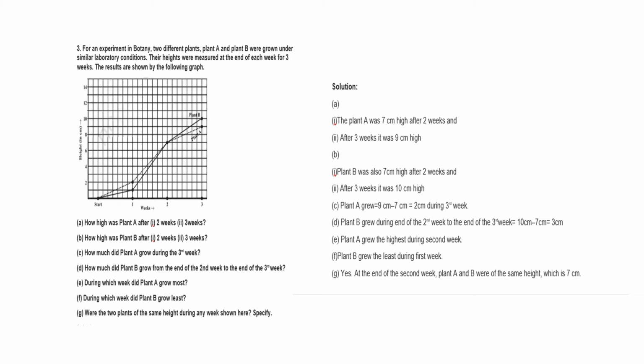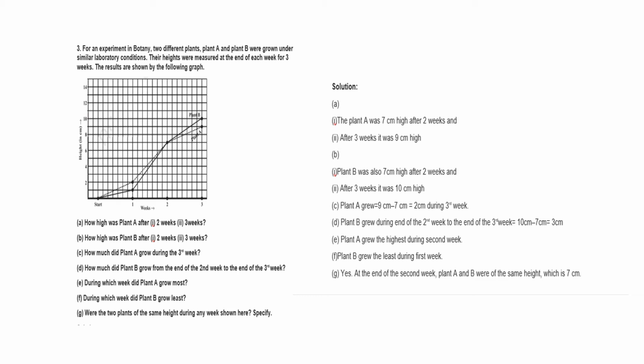Yes. How much did plant A grow during the third week? During the third week means from 2 to 3. In week 2 it was 7 and in week 3 it is 9. So it grew 9 minus 7, that is 2 centimeter.